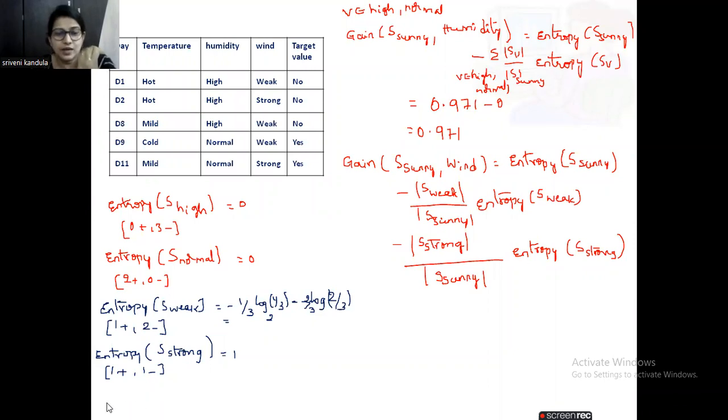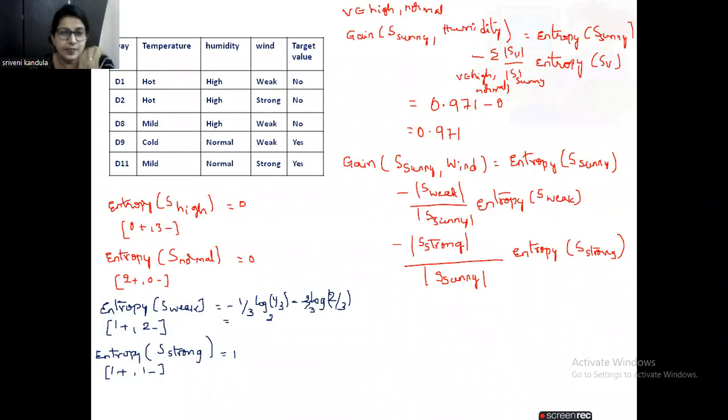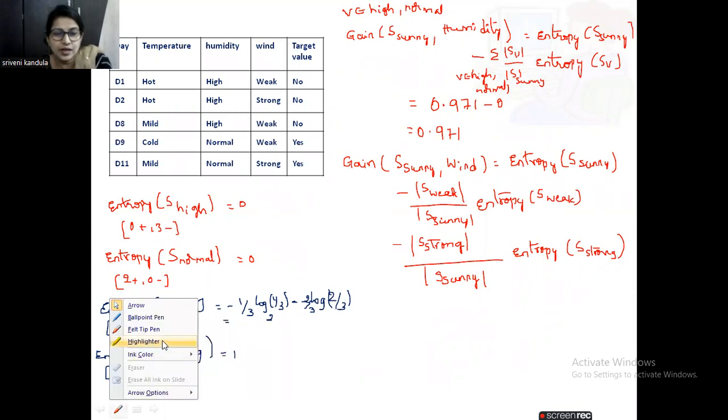I hope all of you have calculated, and here I'm giving you the values of it. Now if you see the entropy of S weak, it is one positive and two negative examples. Here under weak, we have one no, second no, yes, two negative examples and one positive example. So here is the computation of entropy, which will give us a value of 0.918.